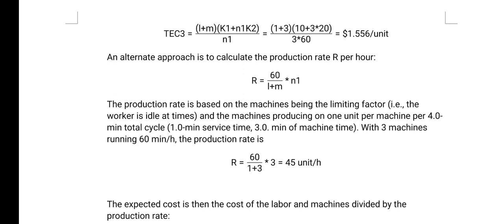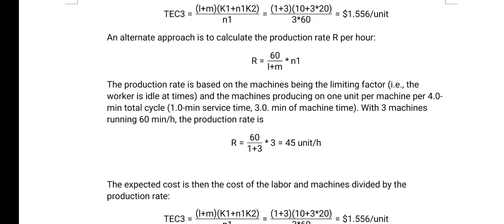An alternative approach is to calculate the production rate R per hour, with R equal to 60 minutes per hour divided by E. E is the service of the worker plus M, the automatic machine work, times N1. So the production rate is based on the machine being the limiting factor, or in this case the worker is idle at the time. The machine produces one unit per machine per 4 minute total cycle, 1 minute service time and 3 minutes of machine time.